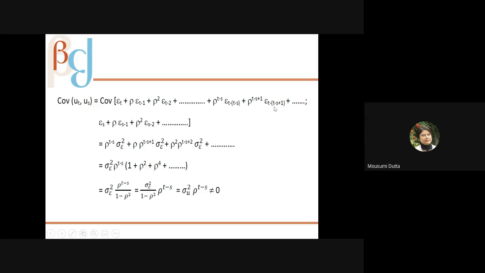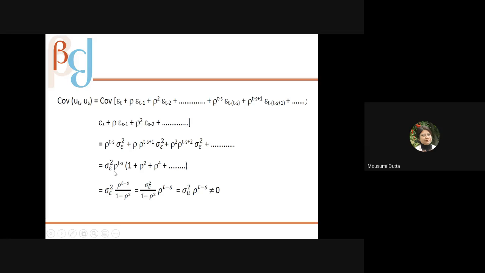Here you are getting epsilon s minus 1 and here epsilon s minus 1. So rho into rho to the power t minus s plus 1, then variance of epsilon s minus 1, which is sigma square. In a similar fashion, for the common elements between the series, we can generate the variance terms like this.